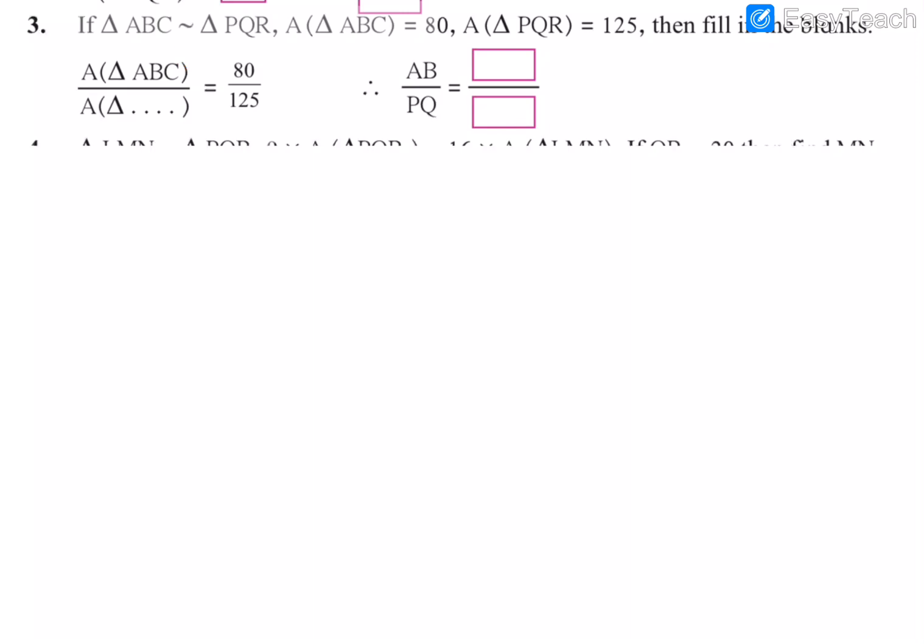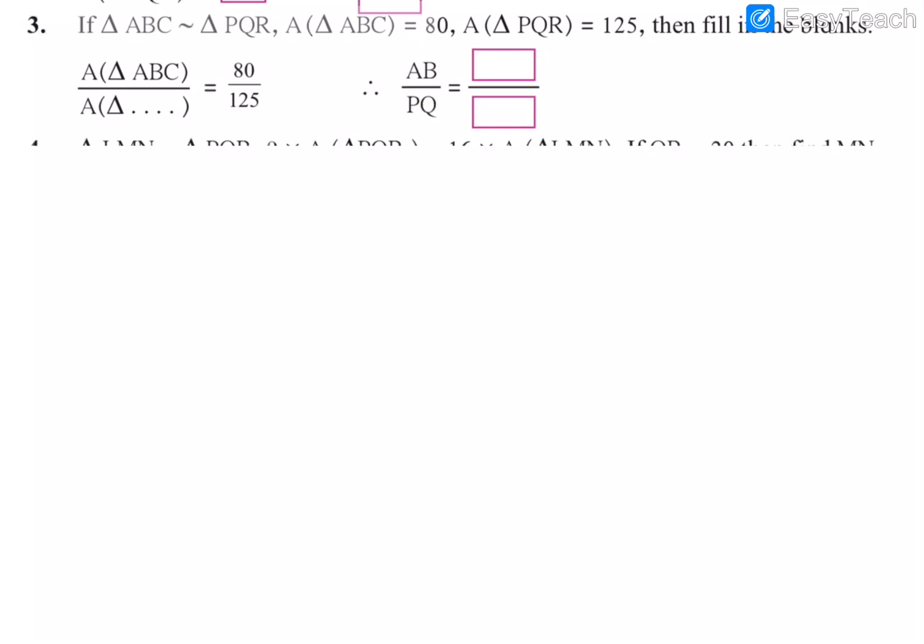So area of ABC by area of triangle PQR, since it is given, 125 is the area of triangle PQR. So we can solve this problem. Since it is given that two triangles are similar, ABC similar to PQR, we can write that the ratio of their areas will be equal to the ratio of the squares of their corresponding sides.